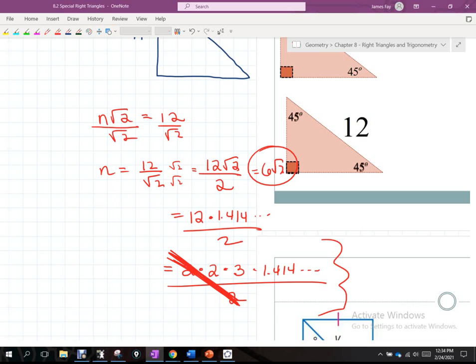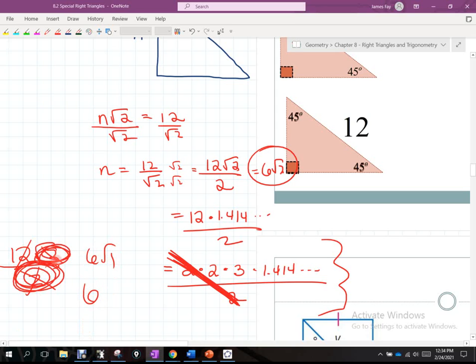I want to make sure that people don't do this, because it happens every year. 12 radical 2 over 2, that they don't go, oh, yep, that's a 6. Oh, that's a 1. 6 radical 1, which is just 6, right? You cannot cancel that number there with that number there. Okay, I always view this as being locked underneath the radical. It's kind of like a cage. Okay, can't do anything with it until that cage is gone. All right. So that's something we can do.